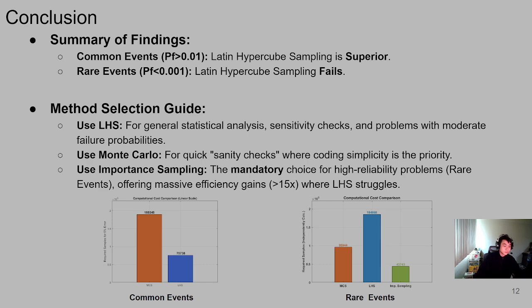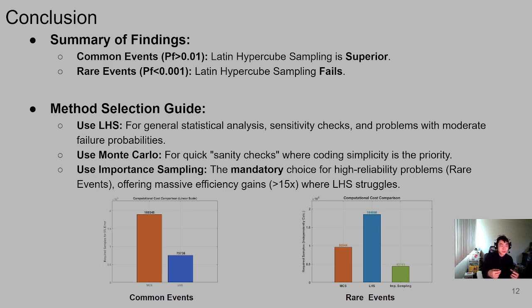So to conclude, for common events where the probability of failure is smaller than 0.1 but larger than 0.001, we can use Latin hypercube sampling, which is superior.